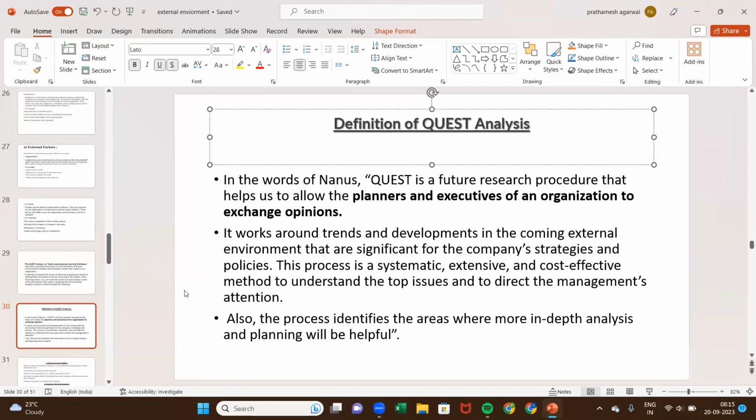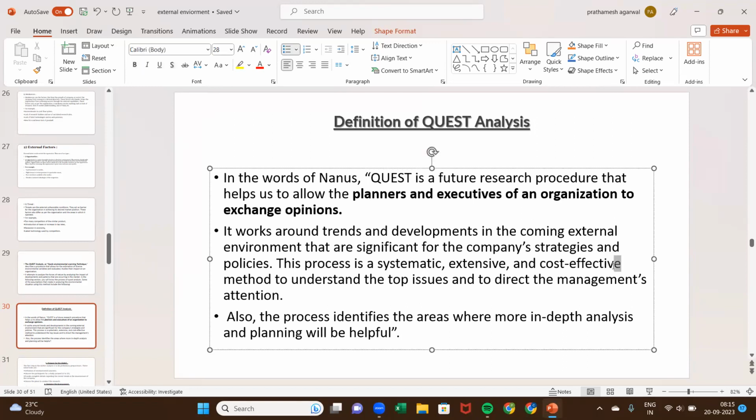Cost-effective means we will not need lots of money to do this quest analysis.